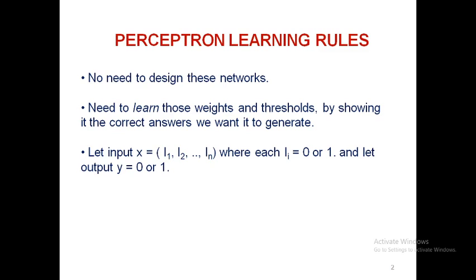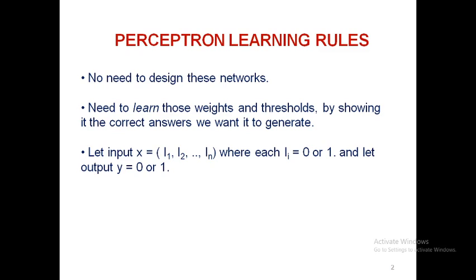So we need not design the particular network or particular perceptron model. What we need to do is learn the weights and thresholds, and how to change those weights and thresholds. If we know that properly, then we can get the required output.